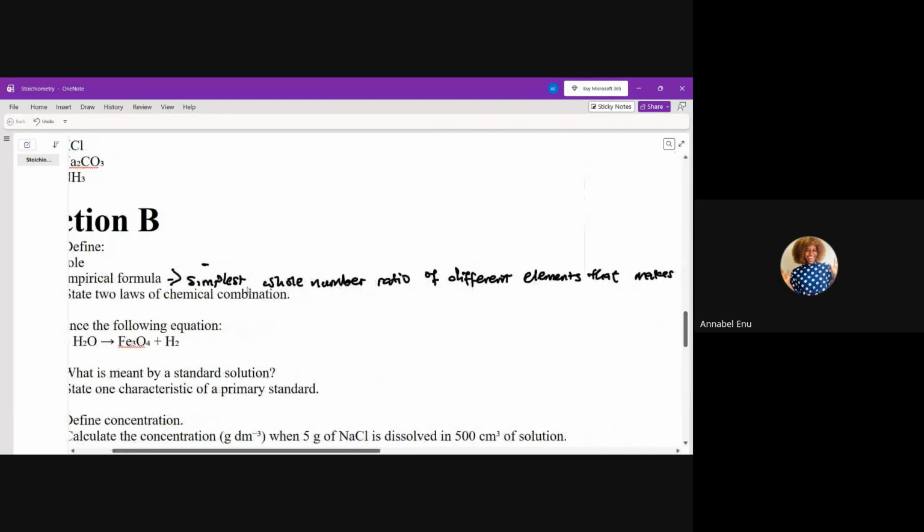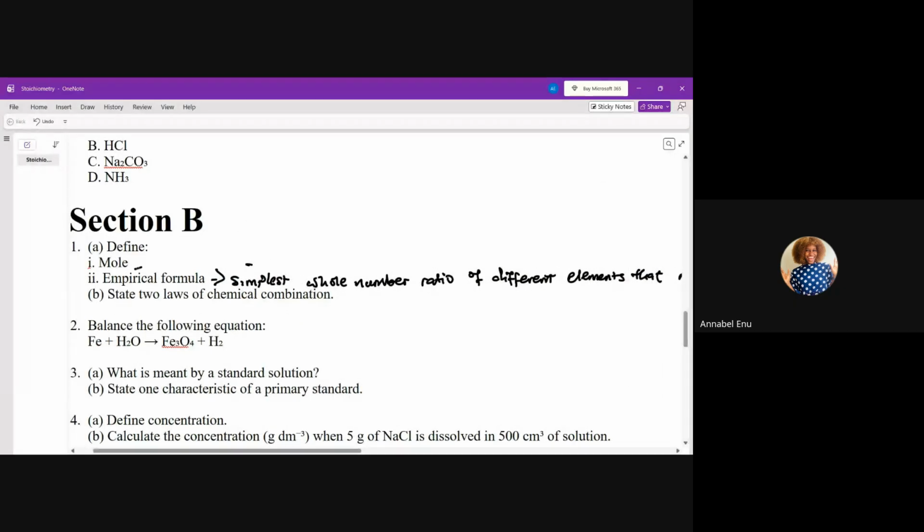And a mole can be seen as the amount of substance containing 6.02 times 10 to the power of 23 particles.